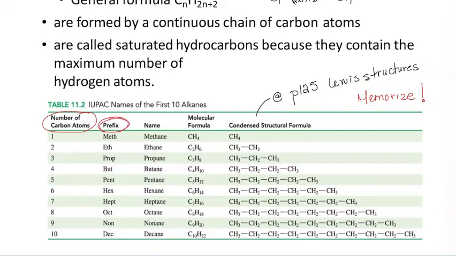Because in this chapter, we're going to learn to name certain organic compounds. And if you know the prefix that is attached to the number of carbons, naming organic compounds is going to be an easier task.